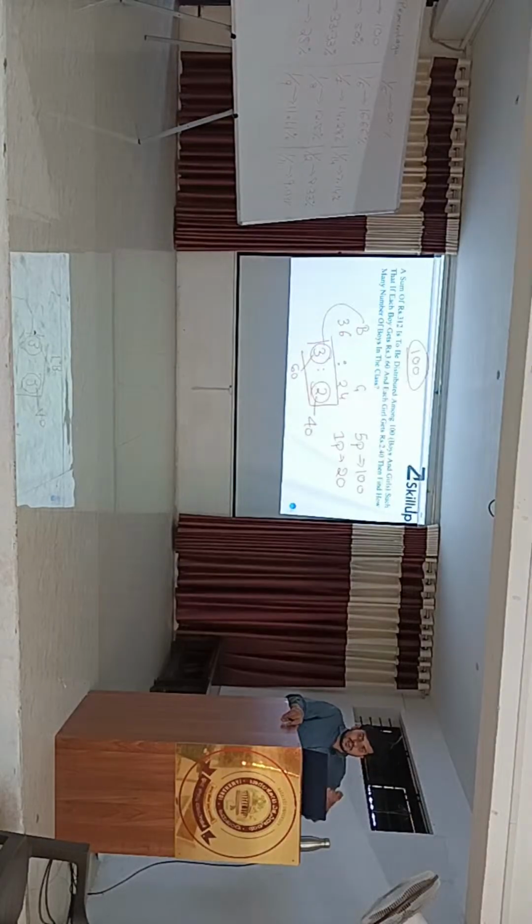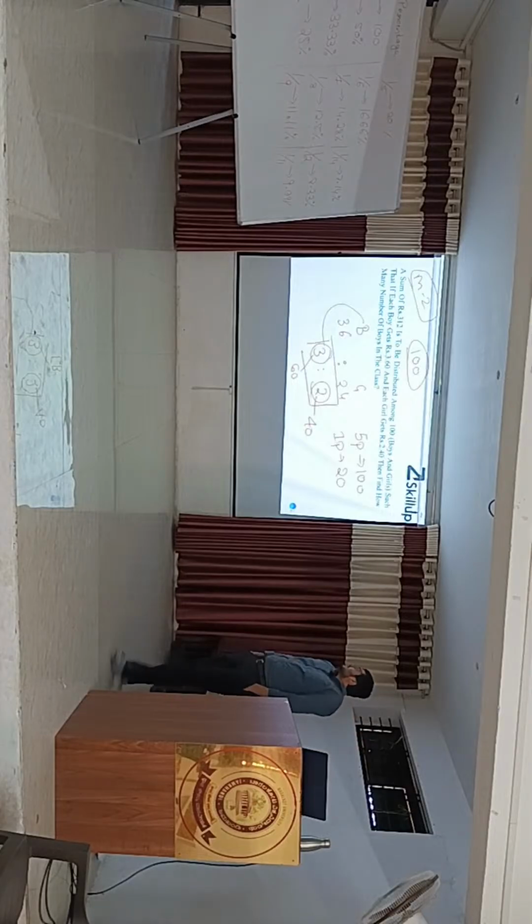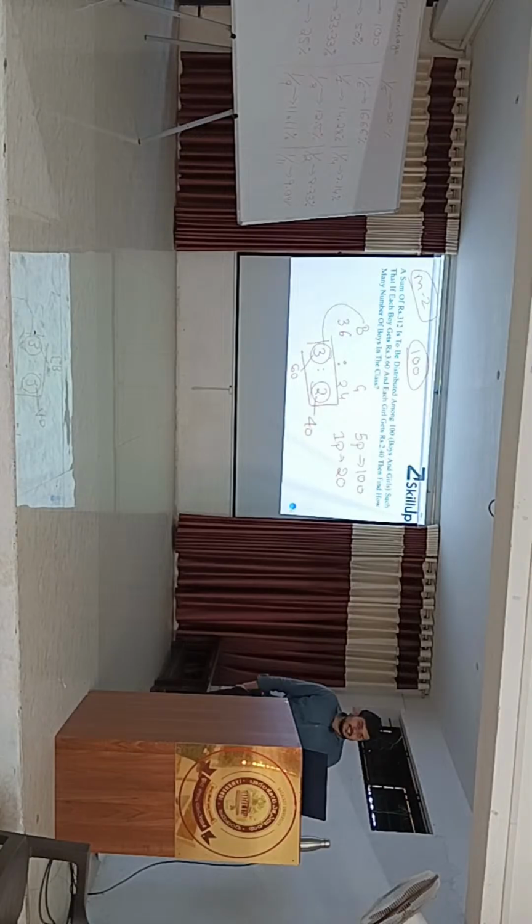Instead of solving all these equations, you can solve it in this way. That is your method too, a very short and easy way of identifying this kind of question.